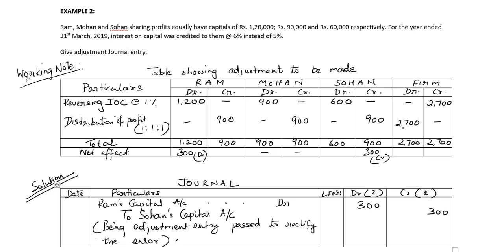So this is the answer to example 2, where interest has been allowed at a higher rate than what it was supposed to be.